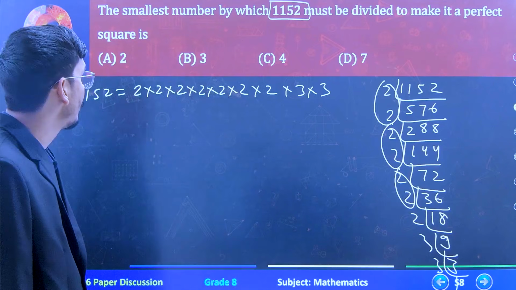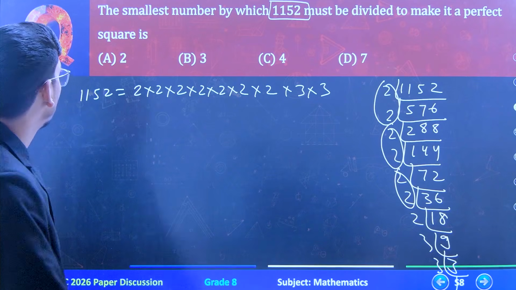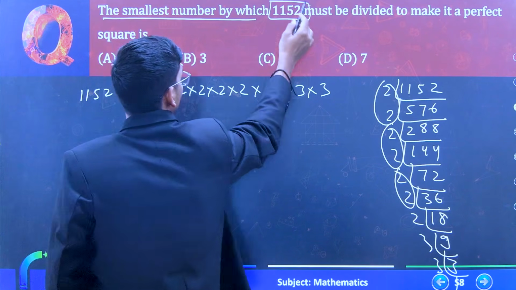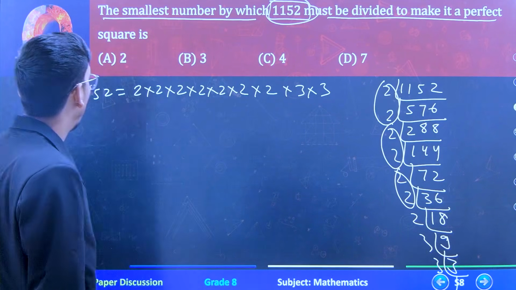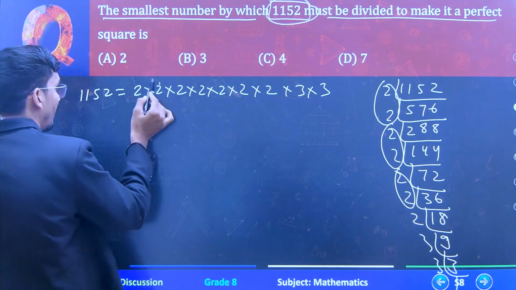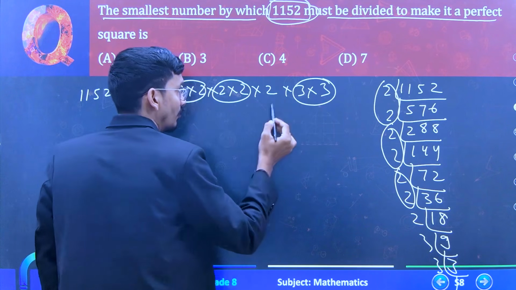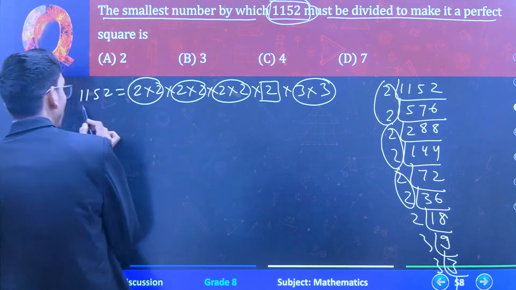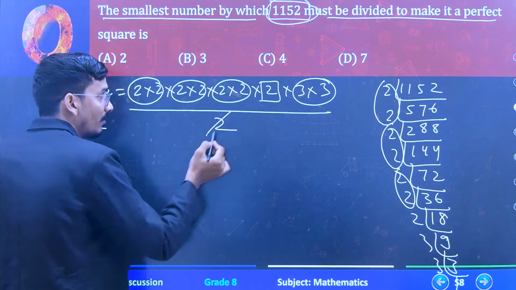So according to the question, the smallest number by which this number must be divided to make it a perfect square. So to make a perfect square, make it in pair form. So this is not in pair now. If I divide this number by 2, this factor will cancel.